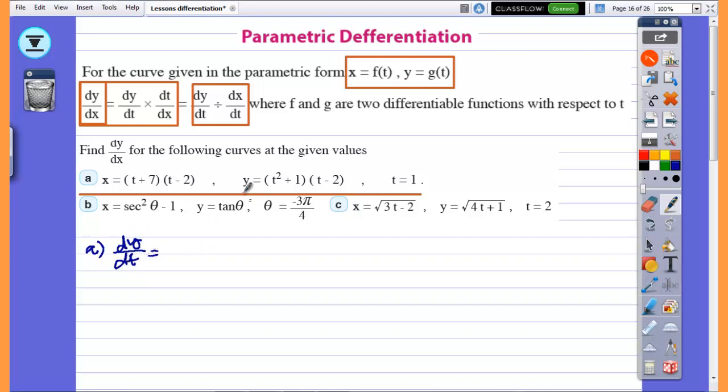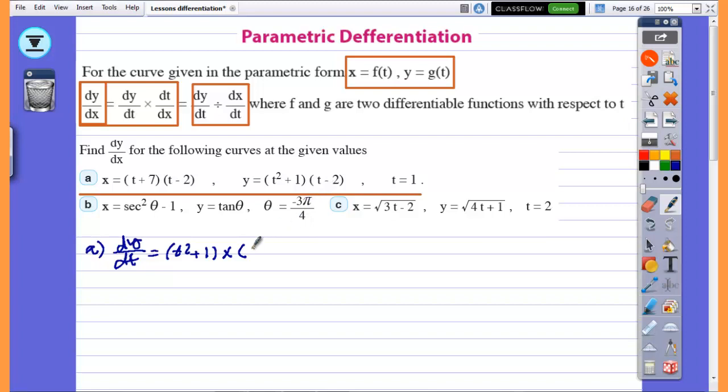Using the given, we have y equals (t squared plus 1) multiplied by (t minus 2). It is the product of two functions, so for dy/dt we differentiate with respect to t. The first function, t squared plus 1, multiplied by the derivative of the second bracket.